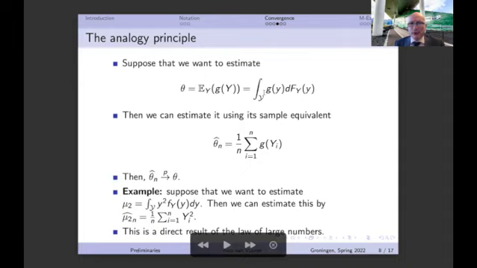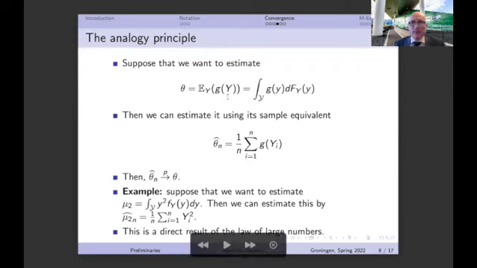They are always integrals over the total support of this random variable y. Then what we're going to do is integrate over either the density function or the probability function, depending, of course, on whether this is discrete or continuous, with respect to this function g(y).